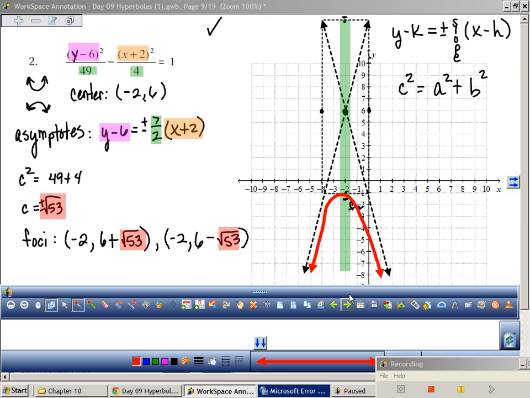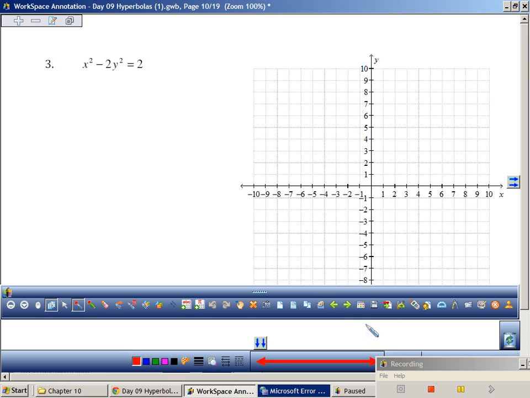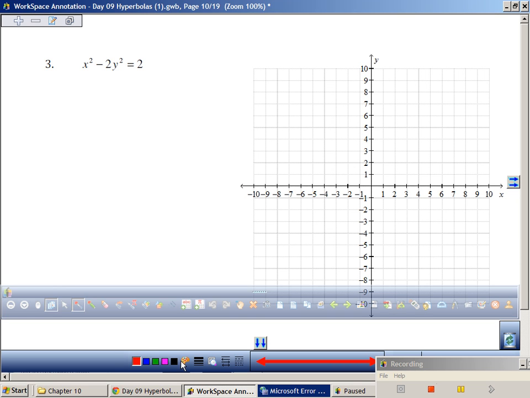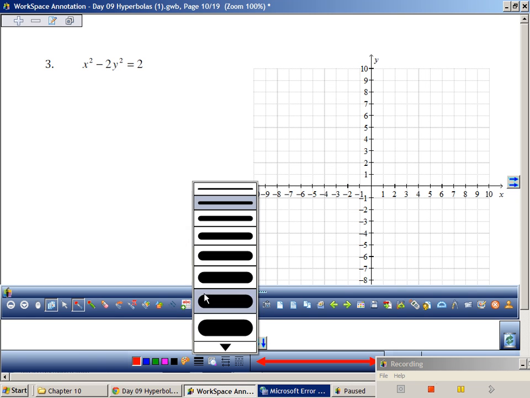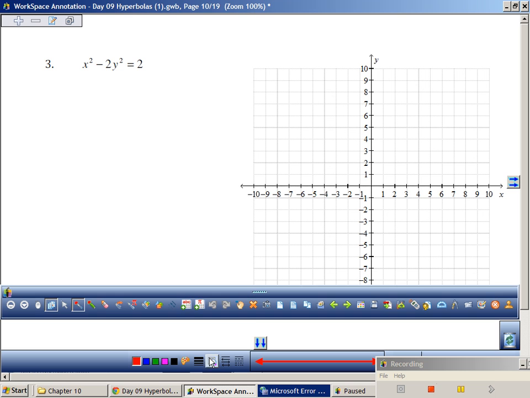Okay. You guys have it? All right. Let's do this one. What's different about this one? This one's number 3. The X is in front this time. What does that tell me?